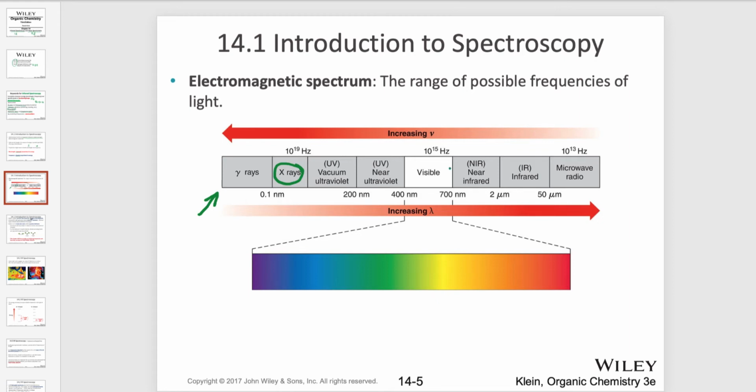And then here also a glimpse. This is what we can see with our eye. It goes all the way from purple to then red, and then when we talk about infrared, this is an area we cannot see, but this is what this technology is based on, infrared spectroscopy.